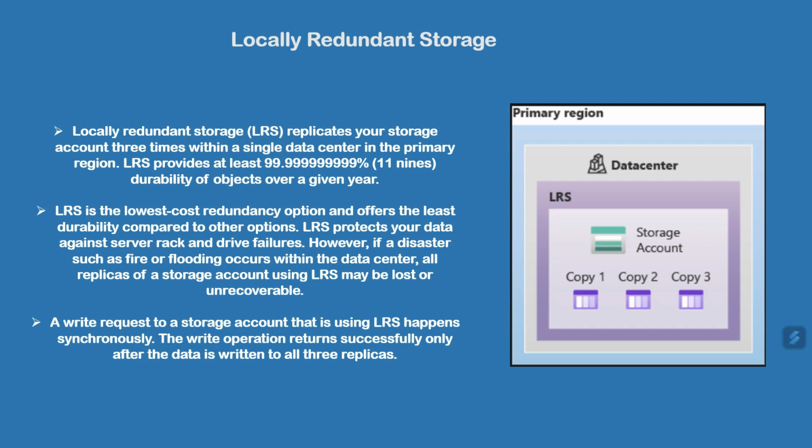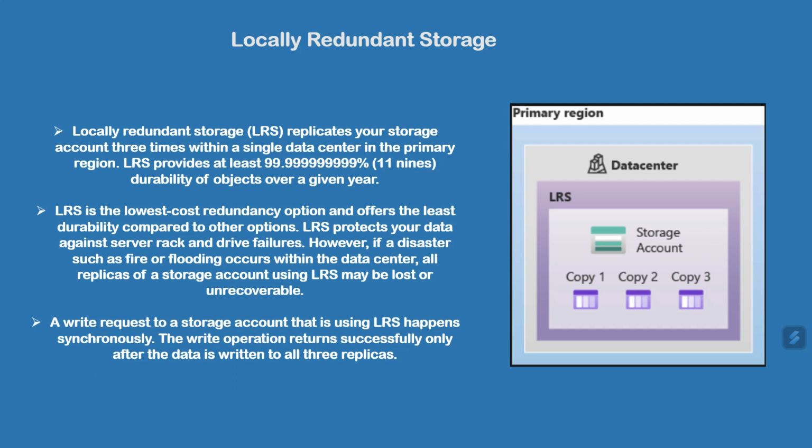So this is the SLA for LRS. It is the lowest cost redundancy option and basically protects your data against server rack or drive failures. However, if a disaster such as fire or flooding occurs within the data center, then all replicas of the storage account using LRS may be lost, because it's in a single data center.